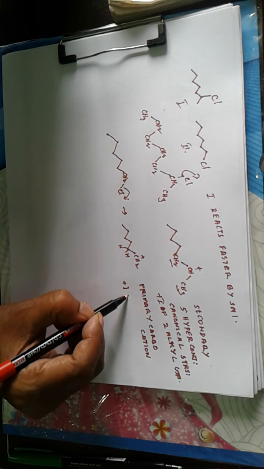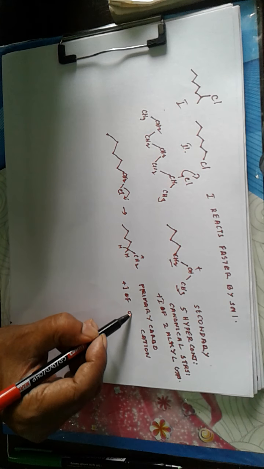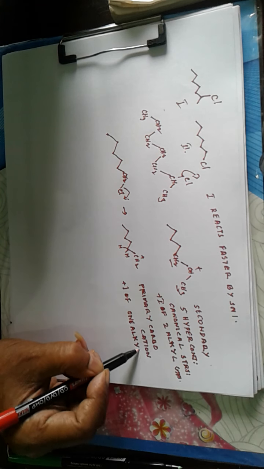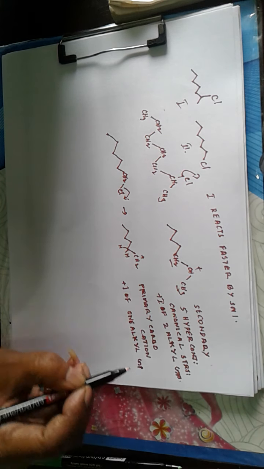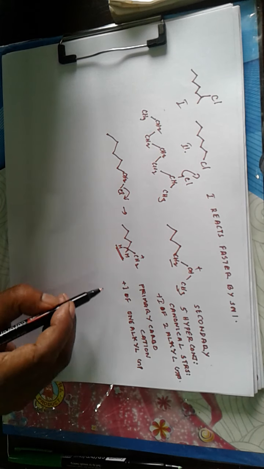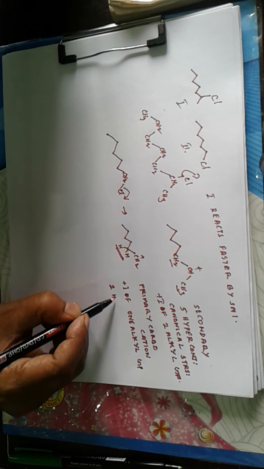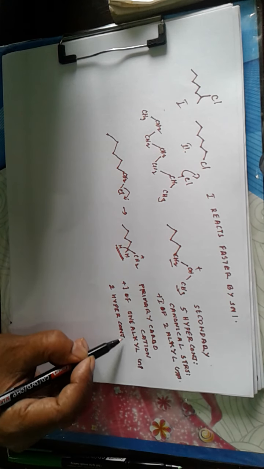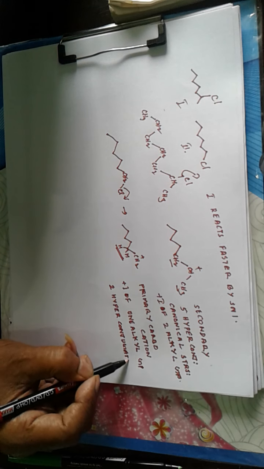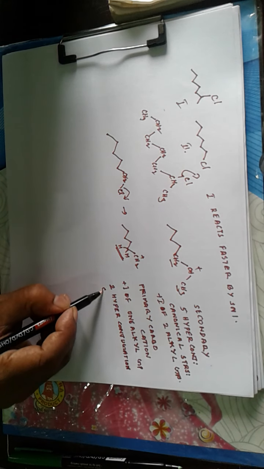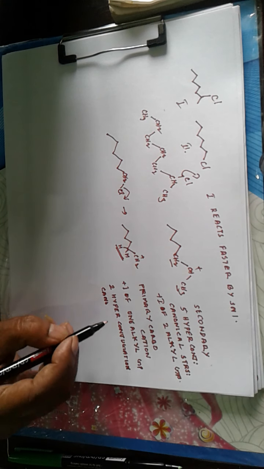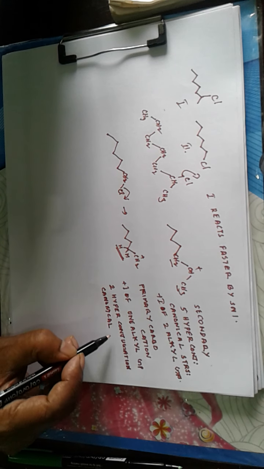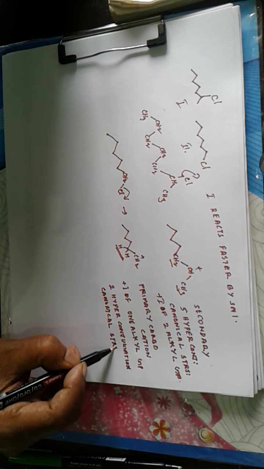So plus I effect of 1 alkyl group, then these two hydrogens can get involved in hyperconjugation. So 2 hyperconjugation canonical structures.